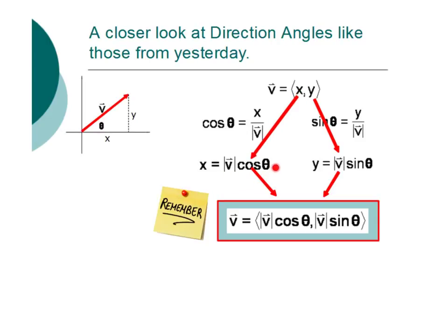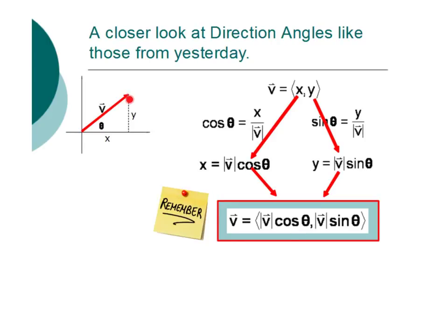Well, actually, this part that we worked through with SOHCAHTOA really boils down to this always being the x value. So we're going to bypass all this SOHCAHTOA stuff. If I need the horizontal component, all I have to do is take the magnitude of my vector, multiply it by the cosine of my angle, and I've got it.